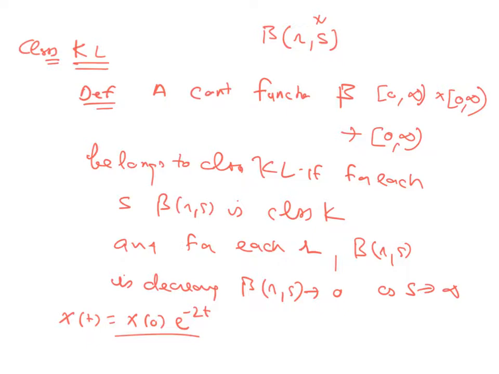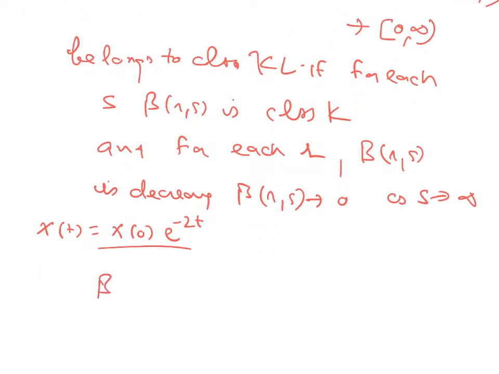So examples, as I said: beta(r, s) can be r e^(-s). If you fix s, it's a class K function. If you fix r, it's a decreasing function, so it's class KL. It has different properties with respect to each variable. With time, it should go to 0, and with increasing initial conditions r, it should increase.